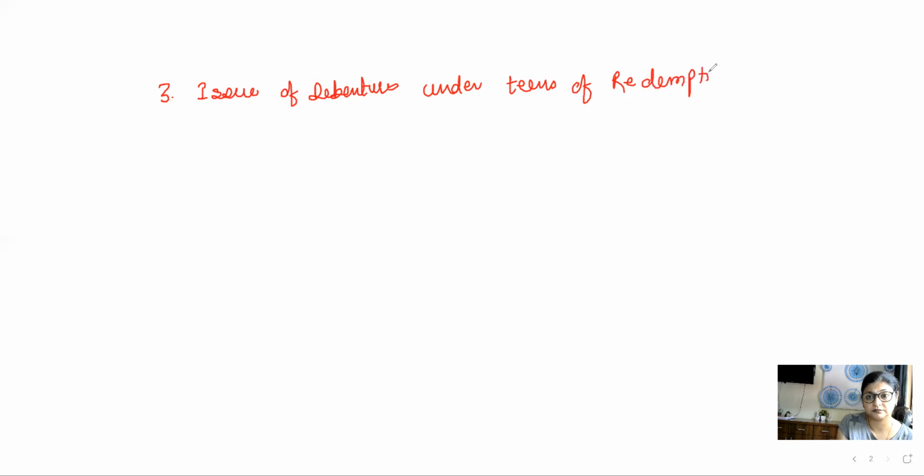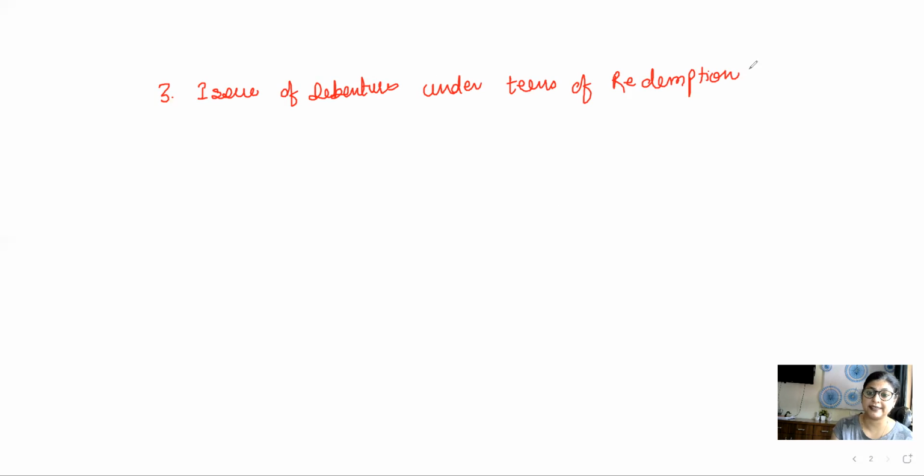What else is covered under this chapter? Let us see. The third point is issue of debentures under terms of redemption. Now, what is terms of redemption? Means when the company will buy back the debentures, at what price it will be buying from the debenture holders.